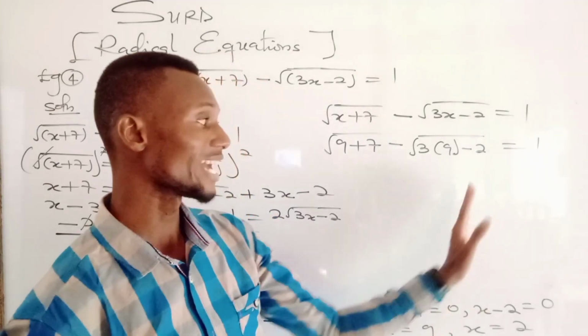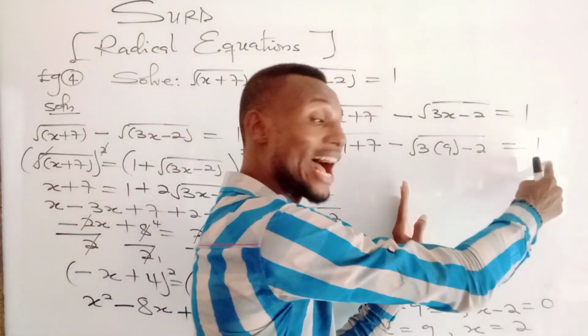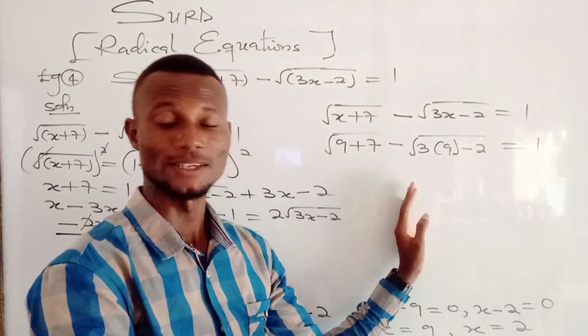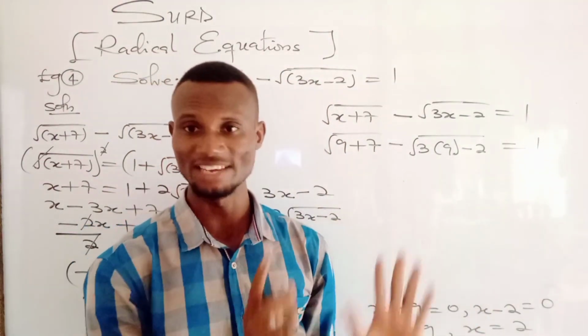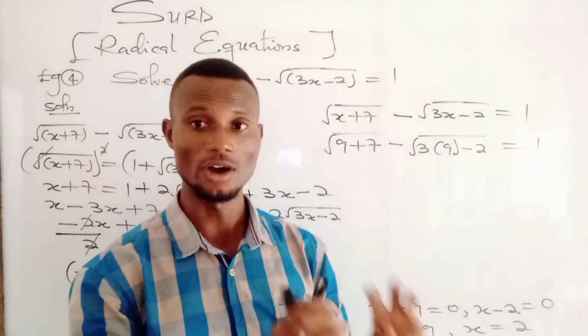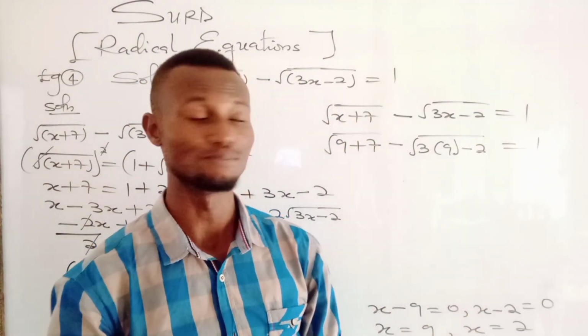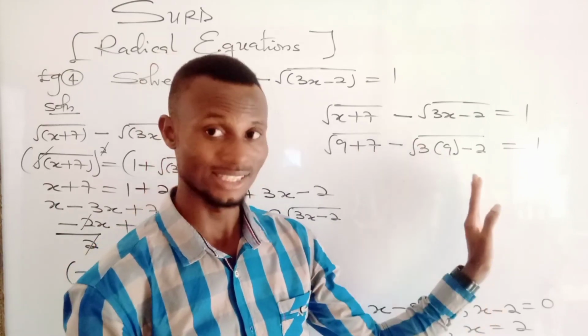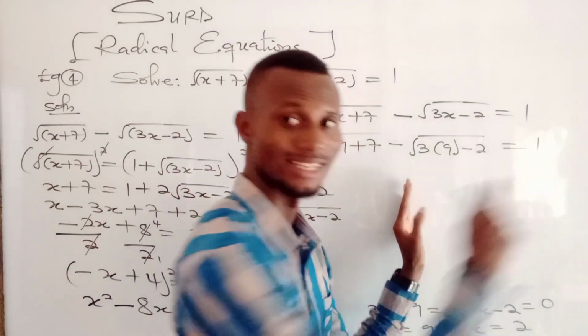If we get a value at the left hand side of this equation which is not equal to 1, then it means that s equals to 9 is not a solution to the given equation. For the value of s to be a solution to the given equation, when we test, the left hand side should give the same value as the right hand side.